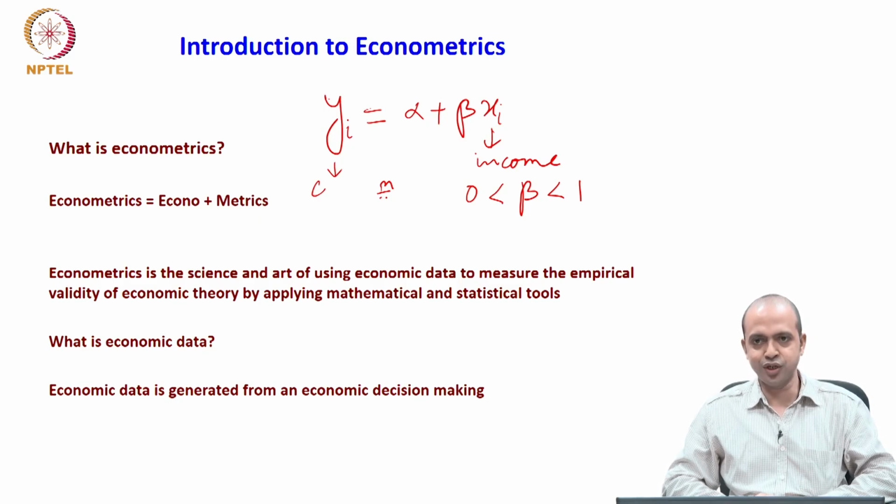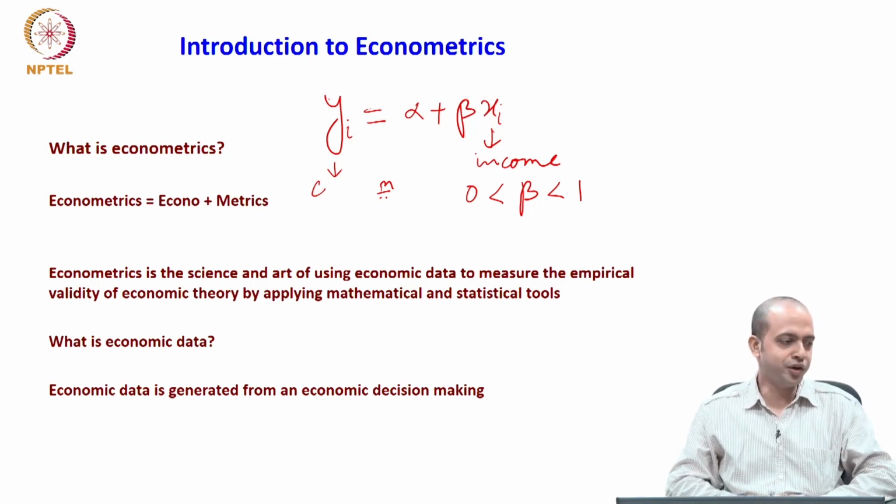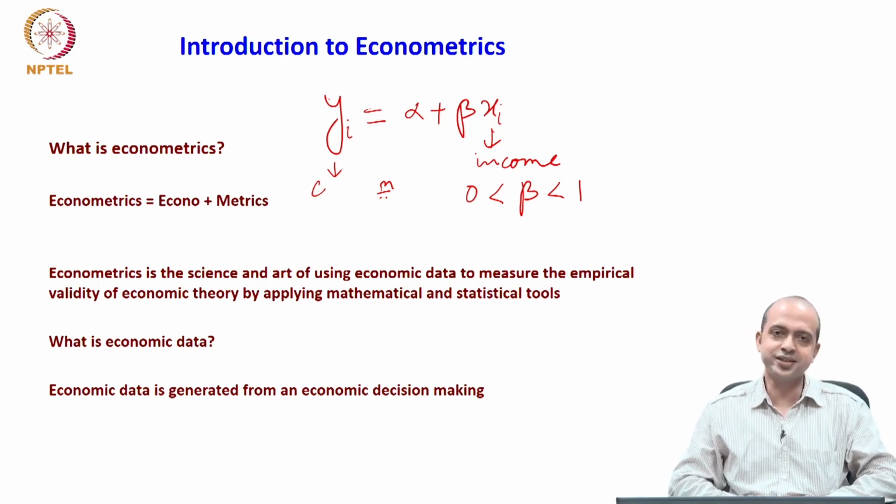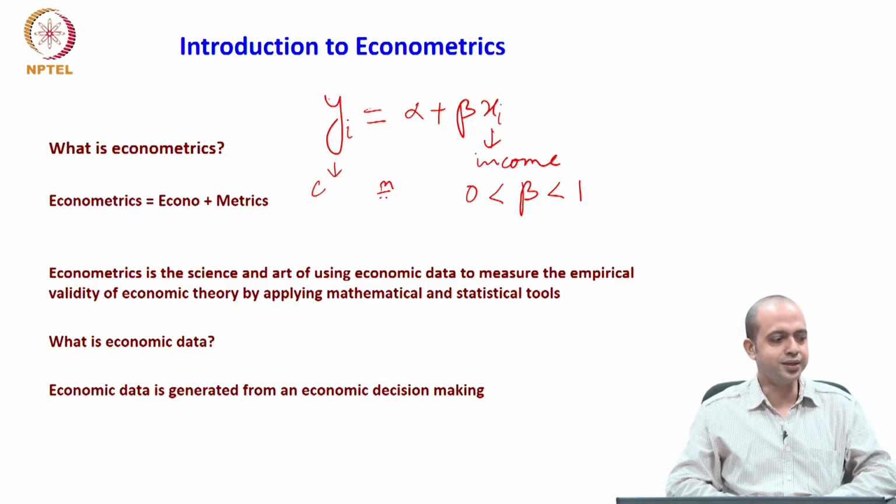An econometrician will use that mathematical model, and will also use the data collected by the statistician, and then try to analyze the data to give empirical validity of economic theory, right. That is why the complete definition of econometrics says that econometrics is the science and art of using economic data to measure empirical validity of economic theory by applying mathematical and statistical tools. This is the complete definition.